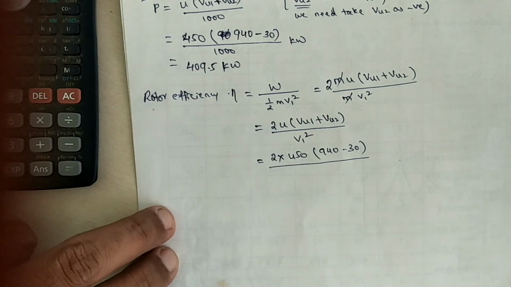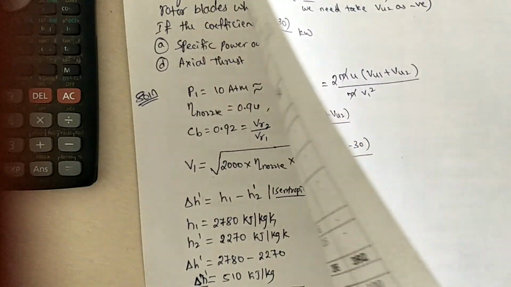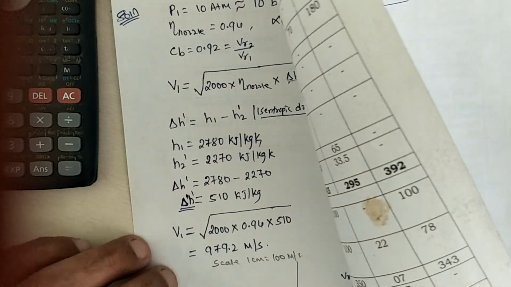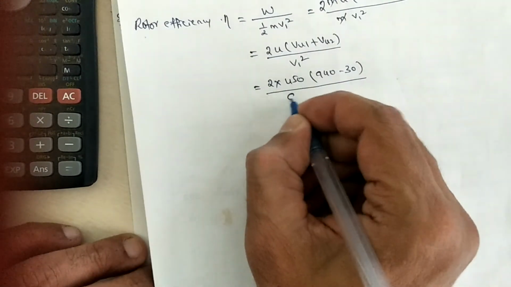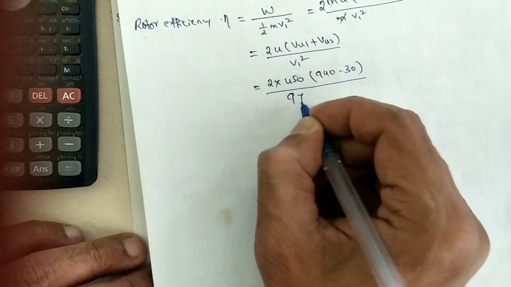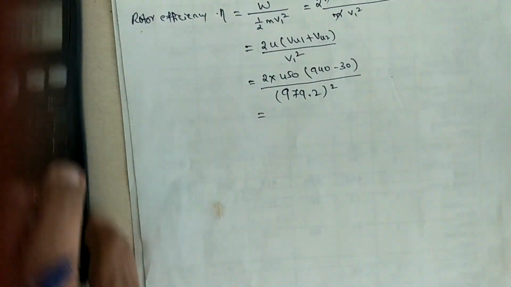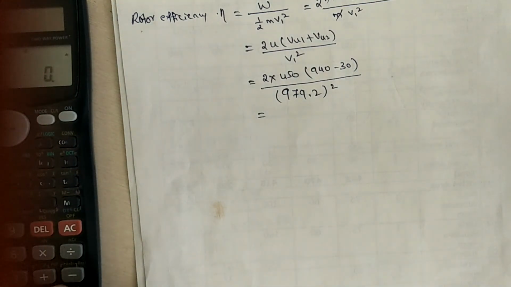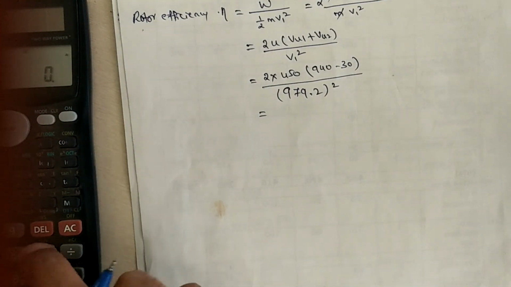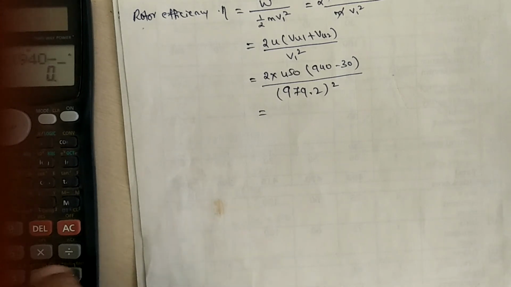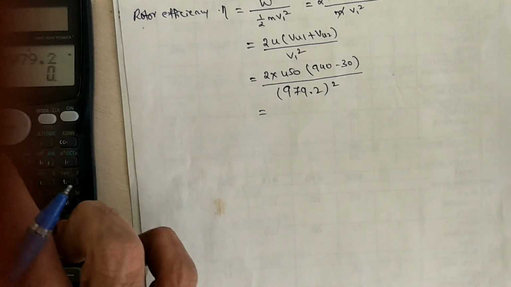We have calculated the value of V1, which is 979.2, squared. So I get the rotor efficiency as 2 into 450 into (940 minus 30) divided by 979.2 square.